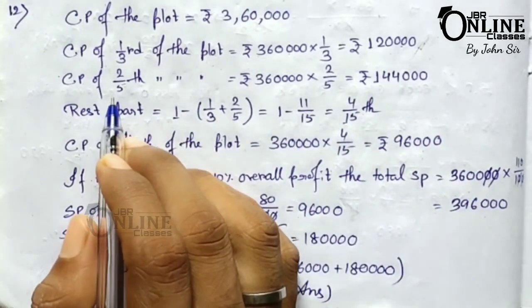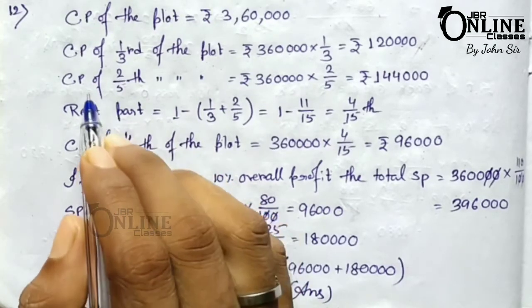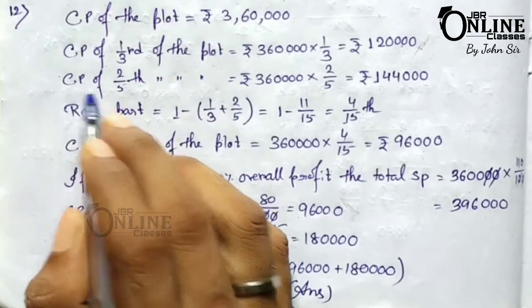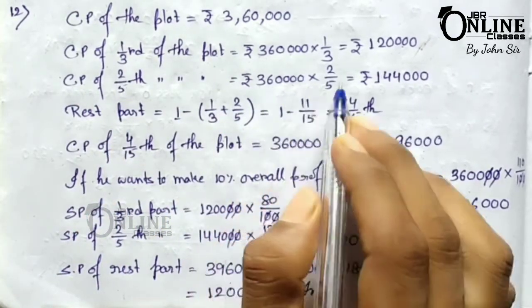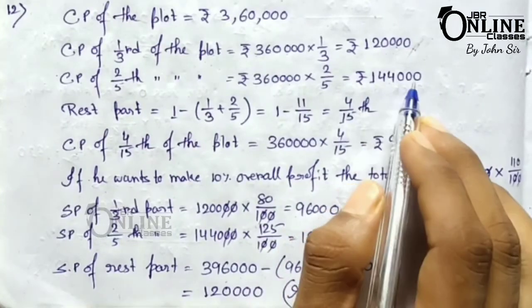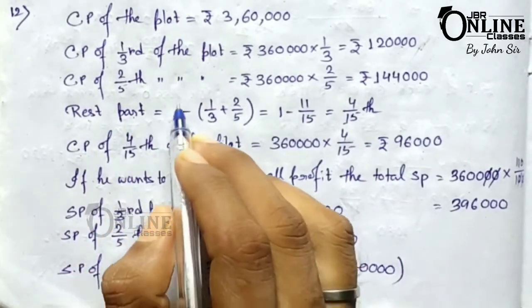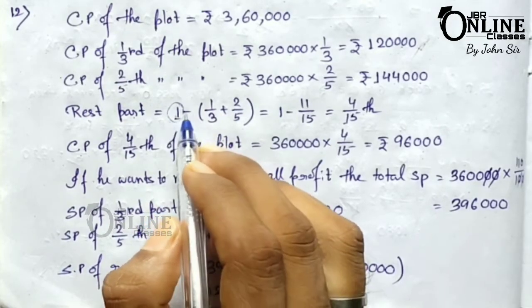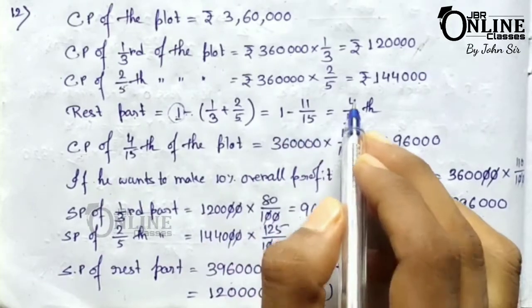Next, 2/5 at a gain of 25%. So second, you have to find out the CP of the 2/5 of the plot, and that equals 3,60,000 into 2 by 5, that equals 1,44,000. So the rest part, as 1 is the whole, is 1 minus 1/3 plus 2 by 5, and that equals 4 by 5.